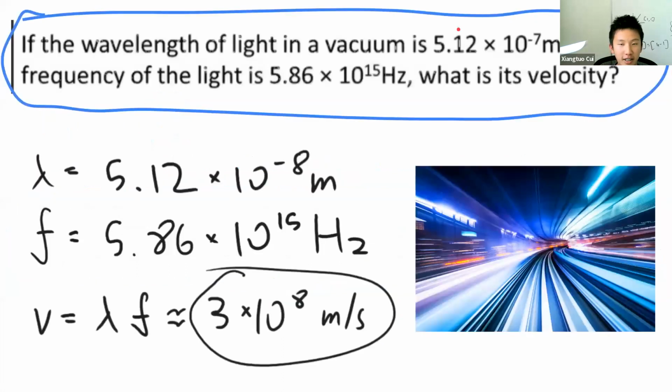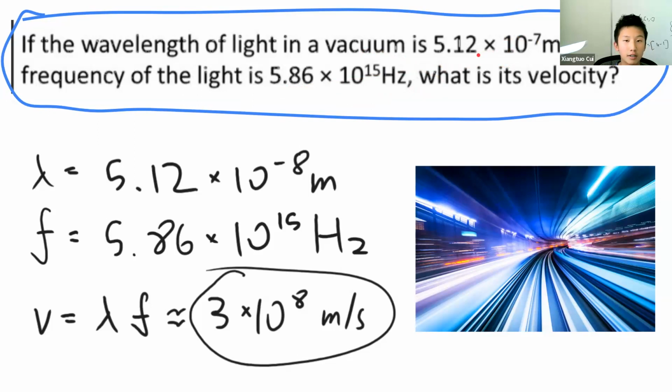I'm looking at everyone's answers, and I'm very impressed that everyone has the same reasoning for how they got their answers. So yes, you just multiply these two values together to get the velocity of light. Now, I actually got this question from Google, and they actually got the wavelength of light wrong. The real wavelength of light is 5.12 times 10 to the negative 8.